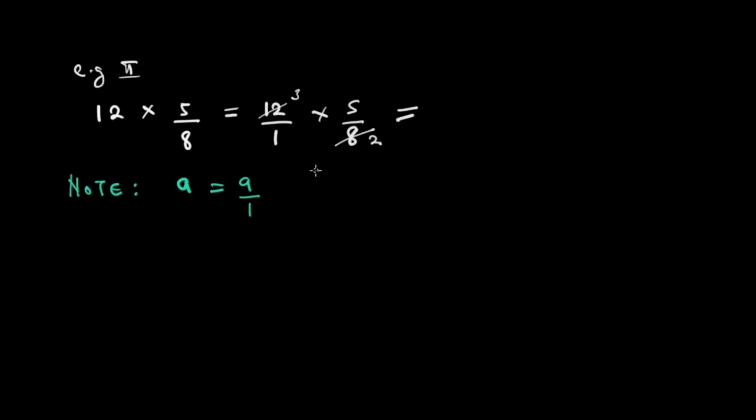Then 3 times 5 is 15 and 1 times 2 is 2. There is no mixed number here, so we can leave it as it is. But if we want, 2 into 15 is 7 remainder 1, so it can be written as 15 over 2 or as 7 and 1 over 2.